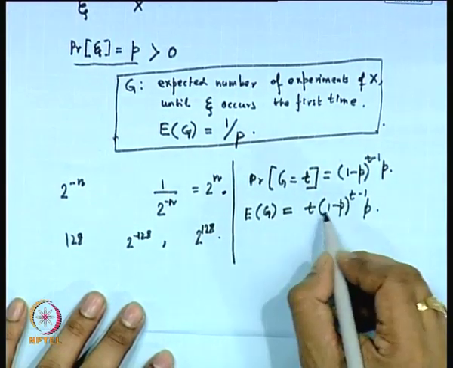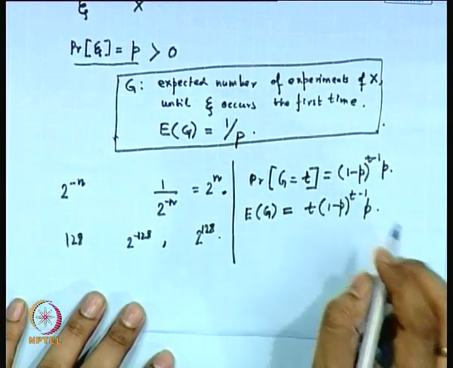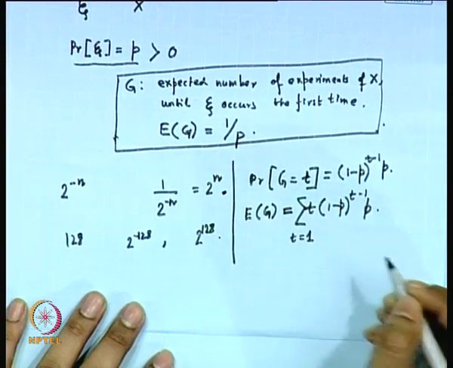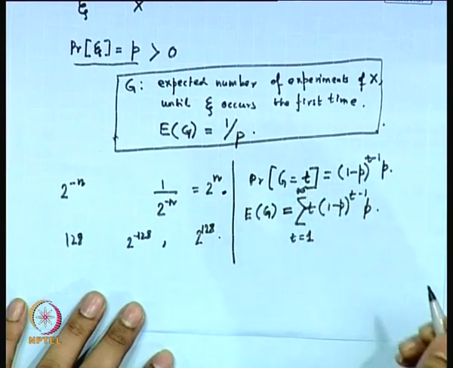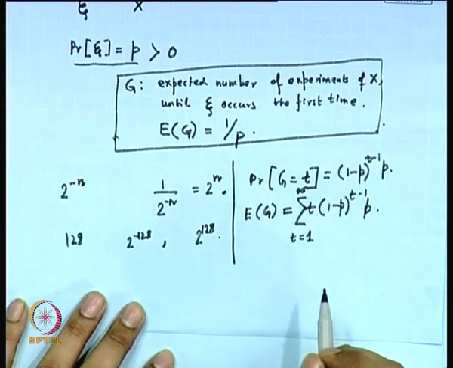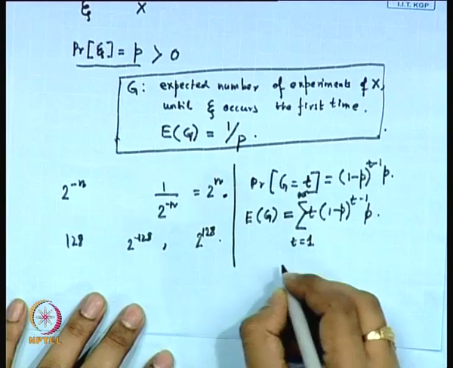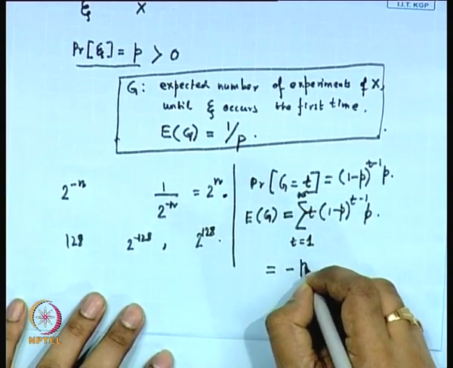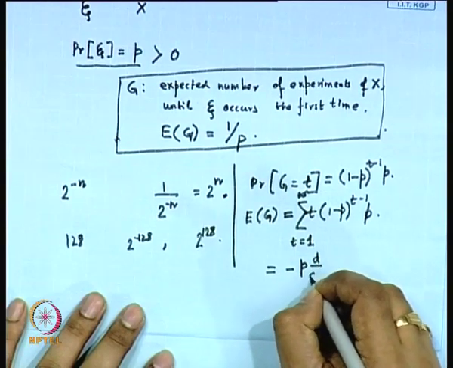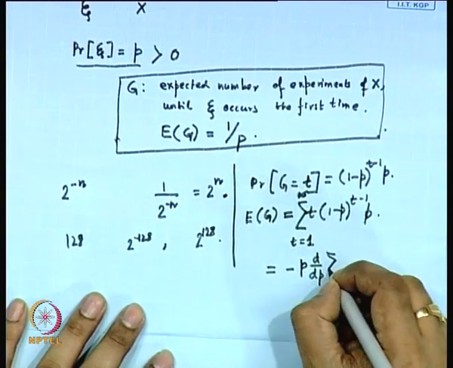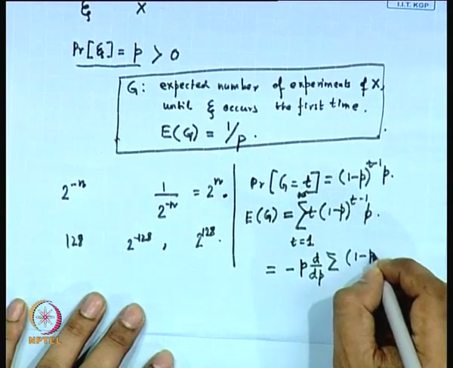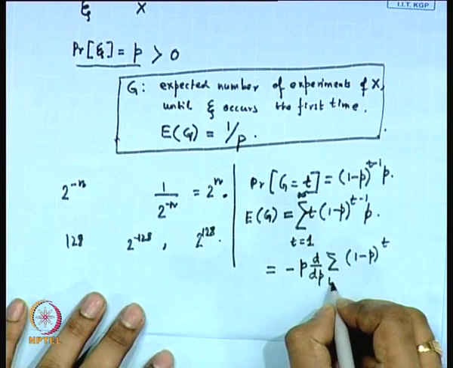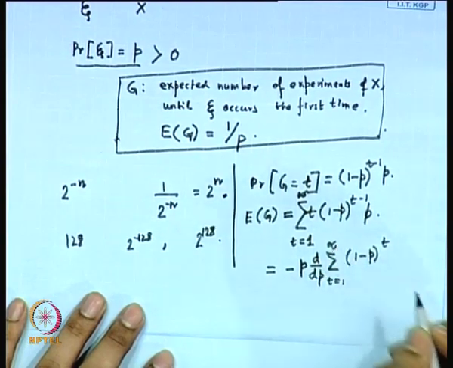Note that t can be anything, from t equal to 1, the first time you do the experiment, to t equal to infinity, so it can be a summation like this. We are not going into proving this, but you can follow that this is equal to minus p times the derivative with respect to p of the sum of (1 minus p) to the power of t, where t runs from 1 to infinity.